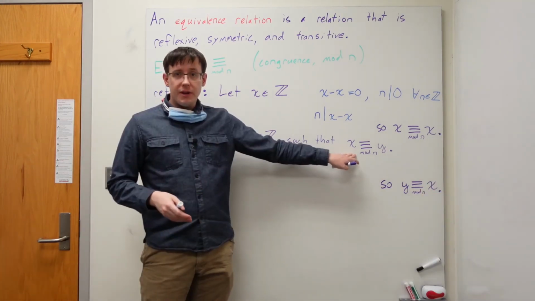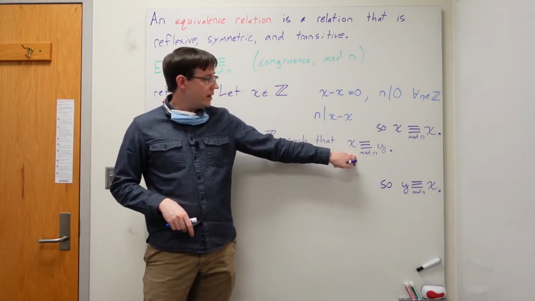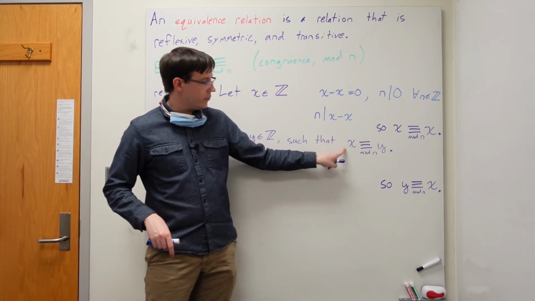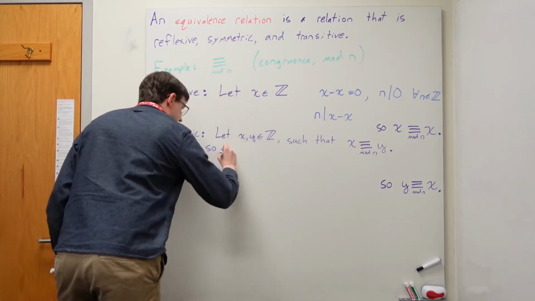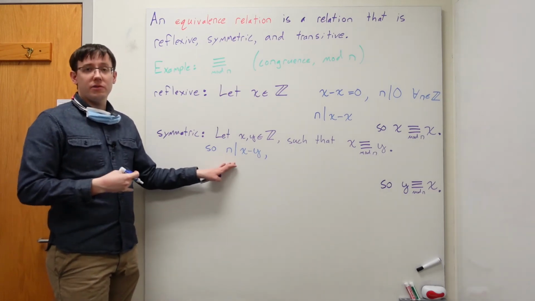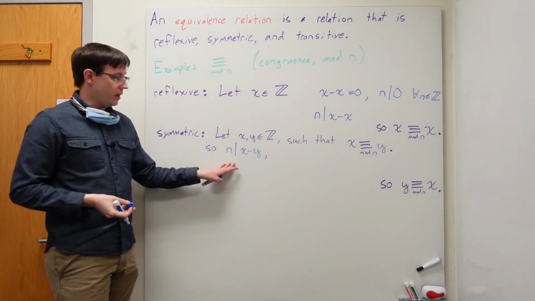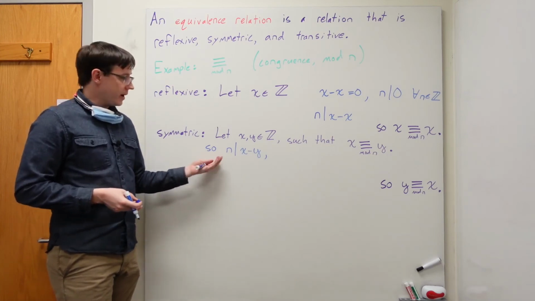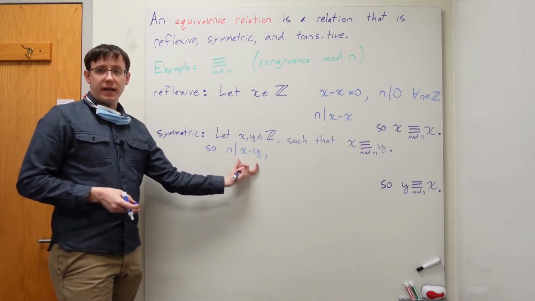When we unravel the definition in our hypothesis, we get that n divides the difference between x and y. And unraveling further, the definition of divides tells us that there is some integer a that we can multiply n to give us x minus y.